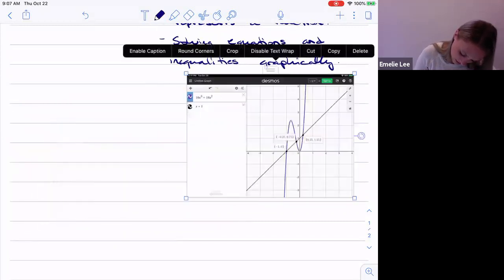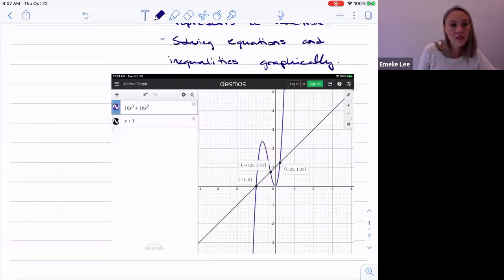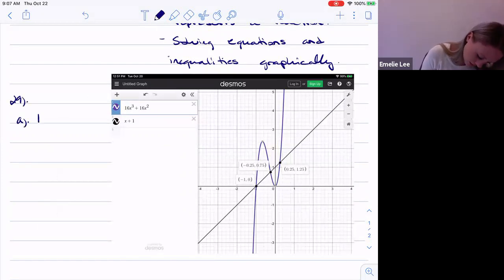So here, I've got a screenshot from Desmos, from question 29, which part A we looked at was 16x to the power of 3 plus 16x squared. I need a little bit more room here.